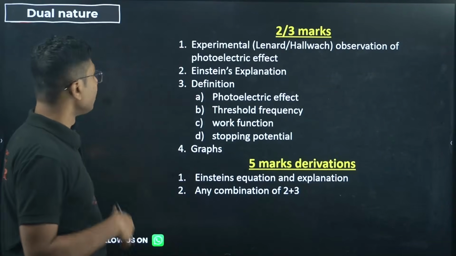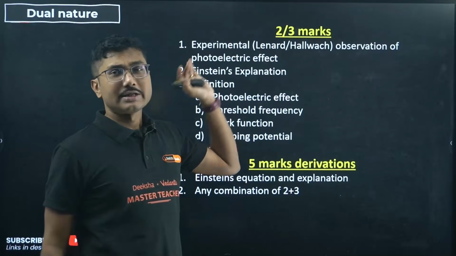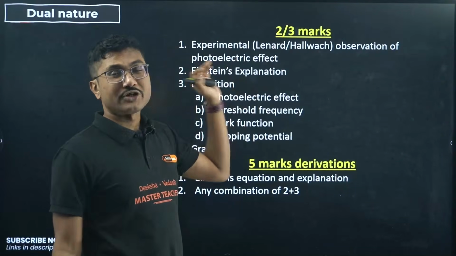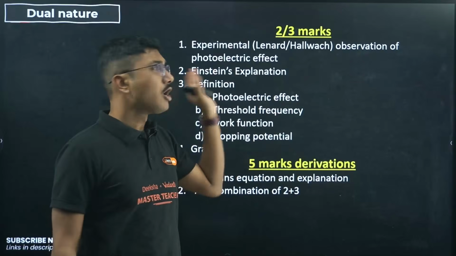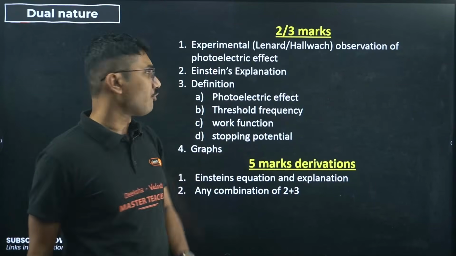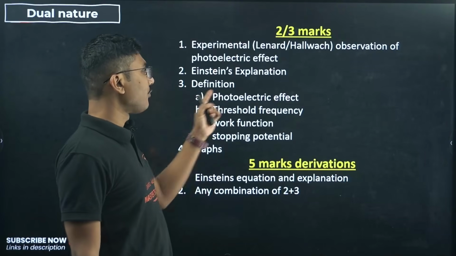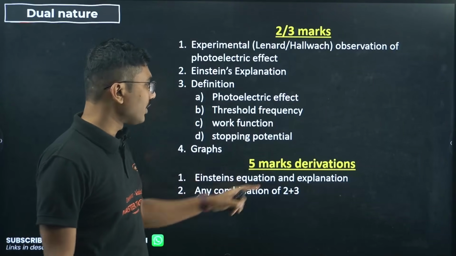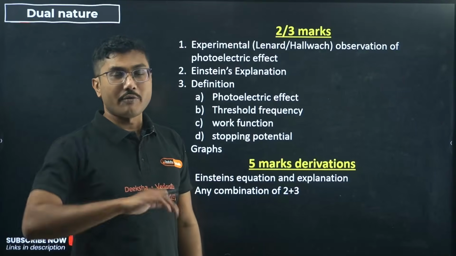Next, dual nature of radiation and matter. Experimental observation of photoelectric effect, sometimes it might come as Hallwachs observation, Lenard observation, or Lenard-Hallwachs observation. All are the same question, the answer is the same for all of them. Einstein's explanation of photoelectric effect, definition of photoelectric effect, threshold frequency, work function, stopping potential, all of them are important, and the graphs of different cases.